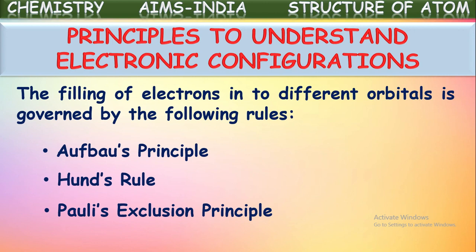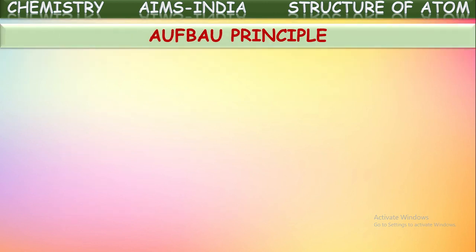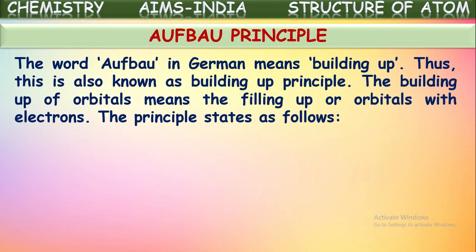Okay, first let us see these principles. First among them is the Aufbau principle. The word Aufbau in German means building up. Thus, this is also known as building up principle or building up rule. The building up of orbitals means the filling up of orbitals with electrons.